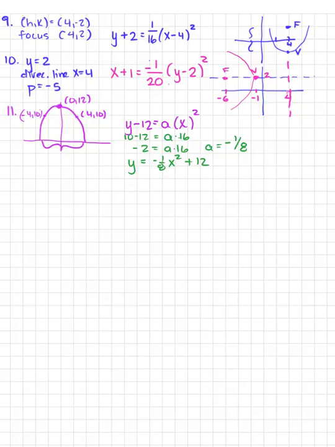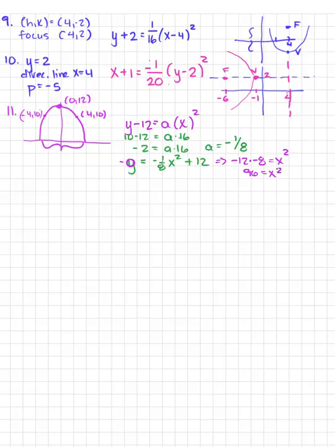And we want to let y equal 0 so that we can solve for x. So if this is 0, I'm going to bring that 12 back over. I guess I didn't need to move it over there. So we're going to have -12 times -8 equals x squared. And that is going to give me 96 equals x squared.